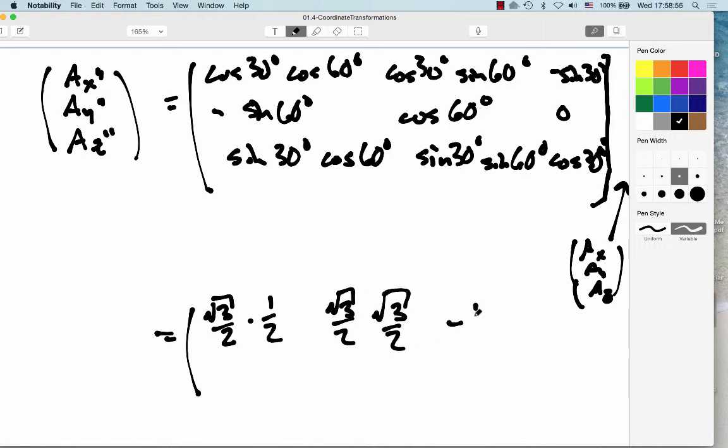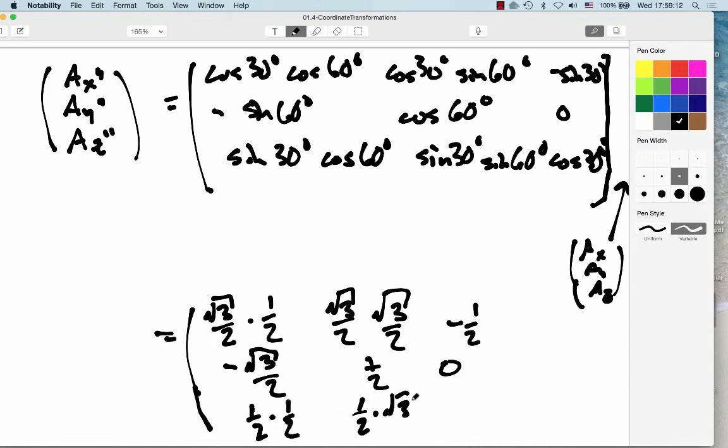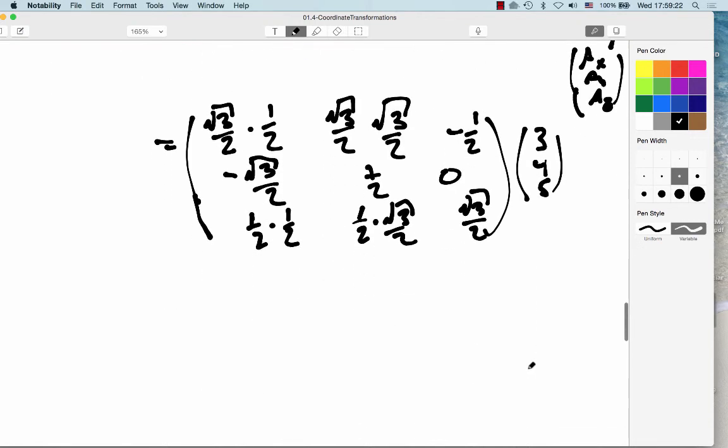Then we have negative 1/2. Similarly, negative root 3 over 2, 1/2, 0. Then we'll have a half times a half, times root 3 over 2, and just root 3 over 2 itself. And our components are 3, 4, 5.